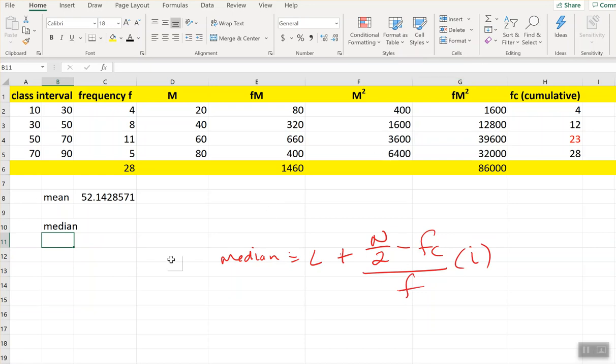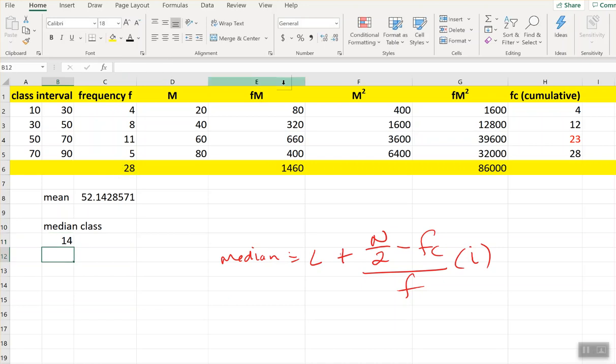So again, I'm going to compute this using Excel. First of all, you need to find which of these class intervals is the median class. Basically, it's n, 28, times 50%, so 0.5, and it's 14.